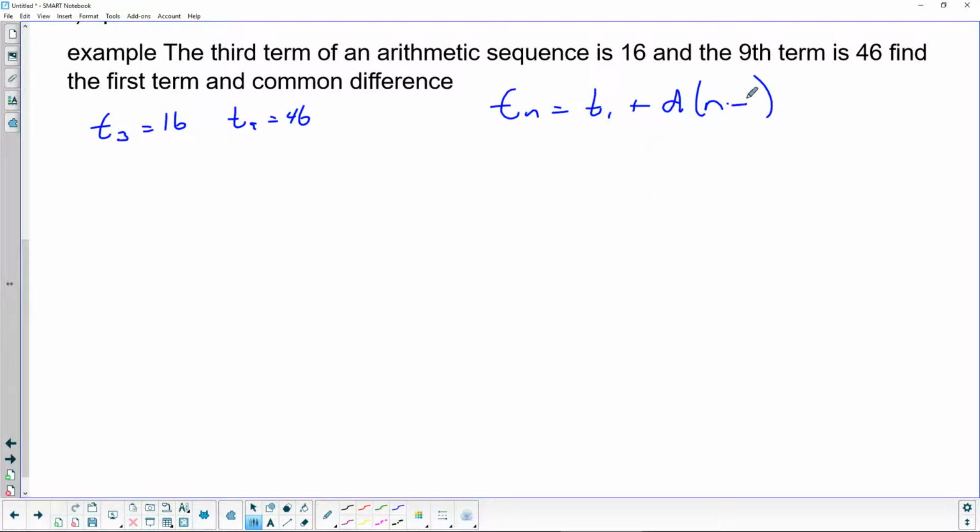So let's do this. So T3 is 16 equals T1, the first term is unknown, right? Plus D, which is unknown, but we're going to have 3 minus 1, which is 2D. Okay, now the next one is going to be the 9th term, which is 46. That's going to equal T1, and 9 minus 1 is 8, so 8D. Okay, so then what we do is we subtract the 2 terms.